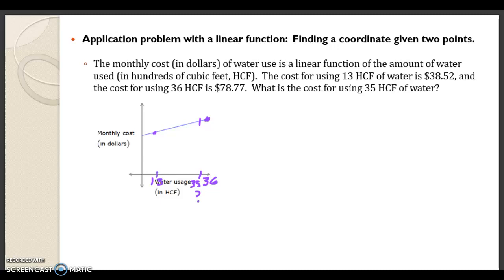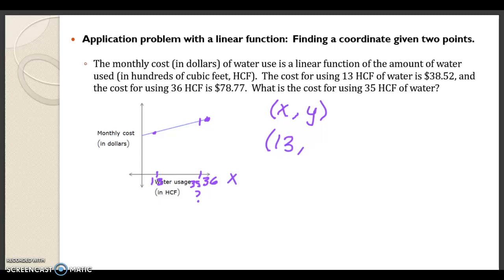Our output here for when we use 13 HCF is $38.52. When we're dealing with linear functions, x is our input, x is along this axis.